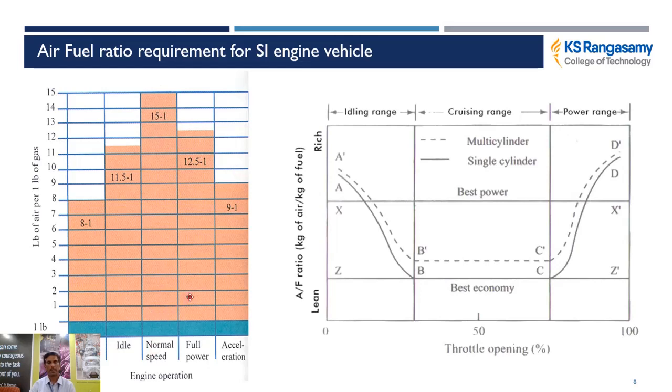If you want high power and also in the starting condition, we need a rich fuel. Here the power is maximum, but with high fuel consumption the mileage is minimum. So we understood that we need different air fuel ratio requirements for running the IC engine, and also how to calculate the ideal and theoretical air fuel ratios for any fuels.